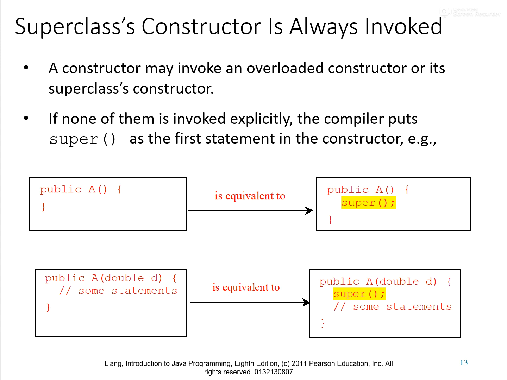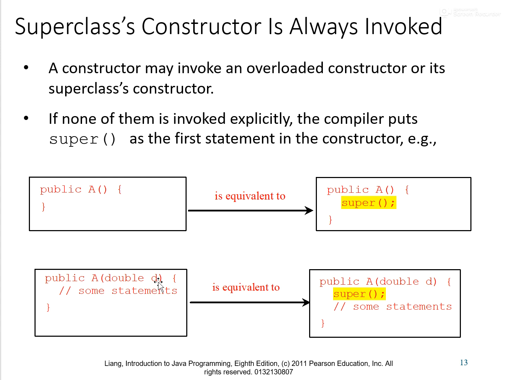Here's a slide that's basically explaining that if your code for a class A, which let's say is a subclass of some other class, has nothing in the constructor, if you leave it empty, that is the same as this. If you don't write super over here, your Java compiler will add that call to the superclass's no-arg constructor.